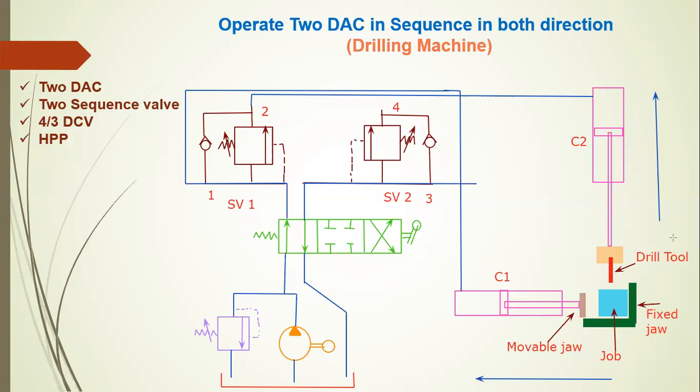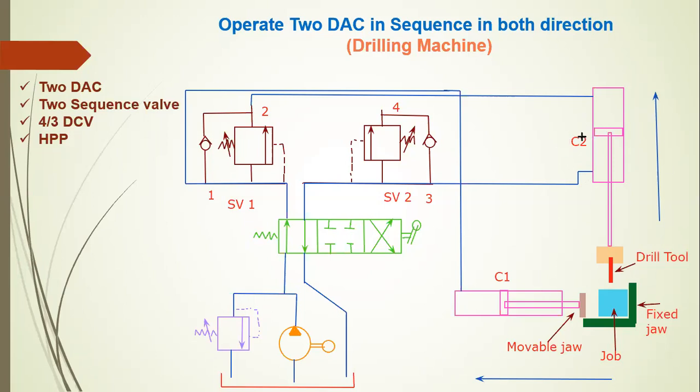So the drill tool is operated first, so the SV2 line is connected to the C2 condition. This line is connected to cylinder 2, because we first have to remove the drill tool from the job, and then after move the movable jaw in a left hand side direction.